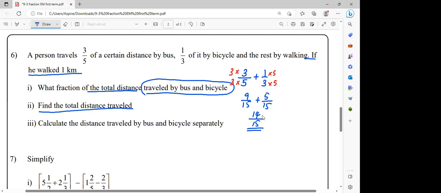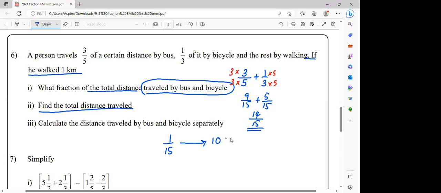Then the fraction that he walked is 1 out of 15, because if there are 15 equal parts, 14 parts have been traveled by bus and bicycle. Then the remainder is 1 out of 15. No? Then 1 out of 15 is equivalent to 1 kilometer.